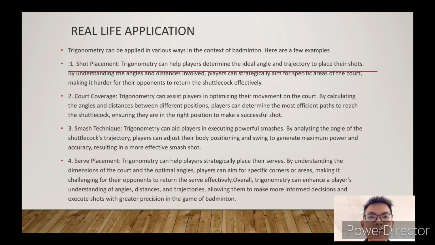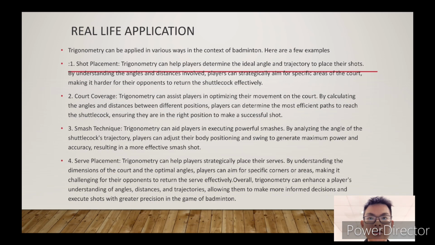Trigonometry can aid players in executing powerful smashes by analyzing the angle of the shuttlecock. Then players can adjust their body positioning and swing to generate maximum power and accuracy, resulting in a more effective smash shot.